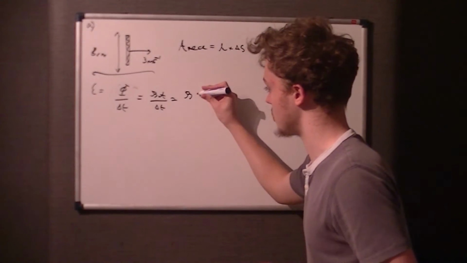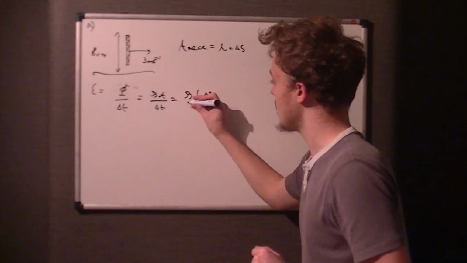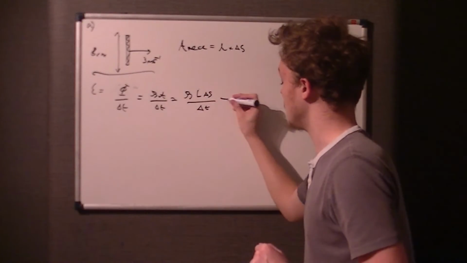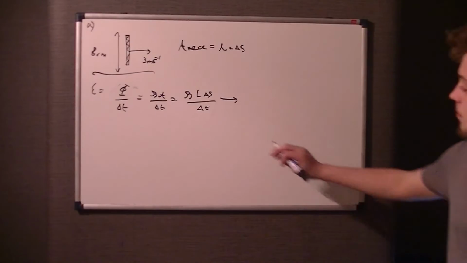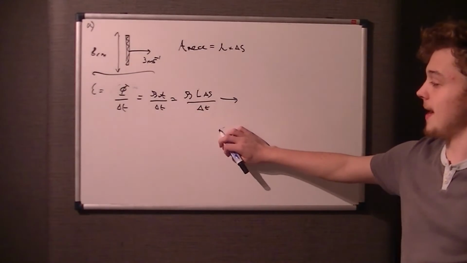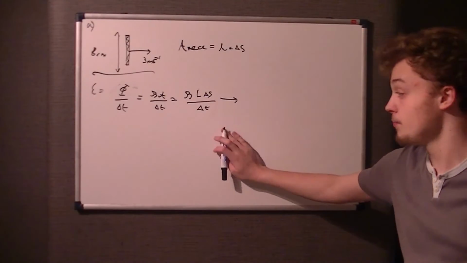So the EMF is equal to B times L delta S over delta T. I know, length times distance, which is weird, but we'll just go with it. So magnetic flux density times the length times the distance over the time.